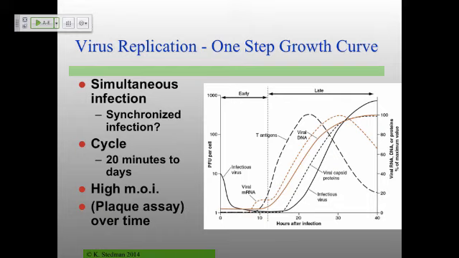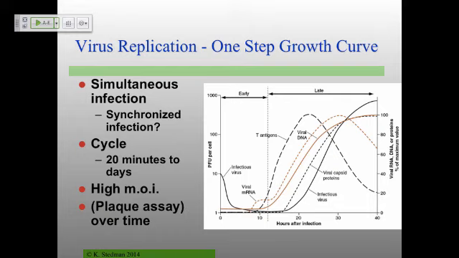That then, after a certain period of time, will pick up, and eventually you end up with a large number of virus particles. You've gone from here, and again, this black line here is your PFUs. So you're just doing a plaque assay. Start out here, MOI of 10, and just over time you're doing your plaque assay, and eventually that picks up. So that's a classic one-step growth curve.